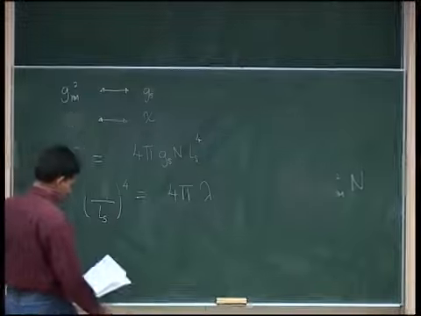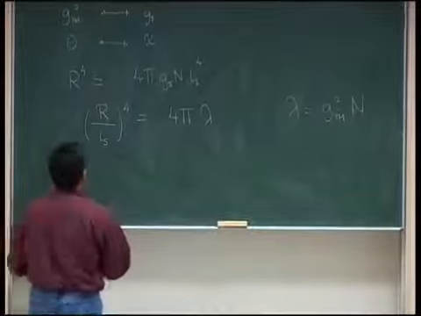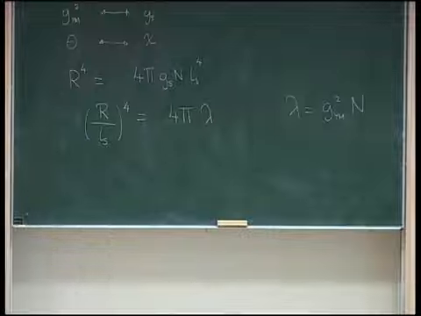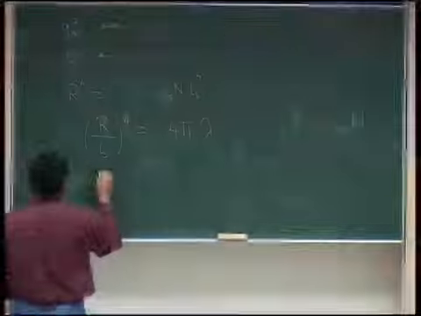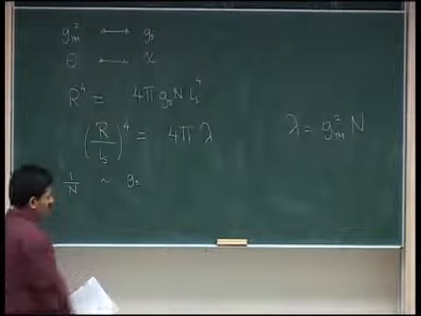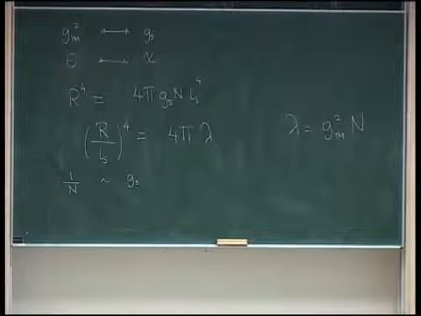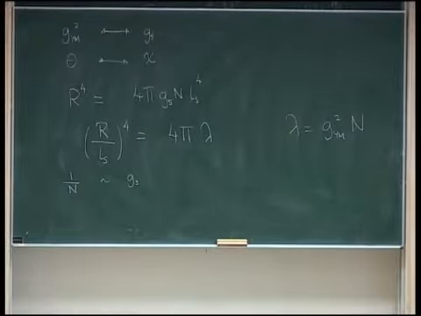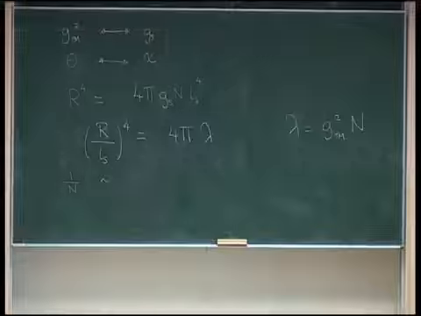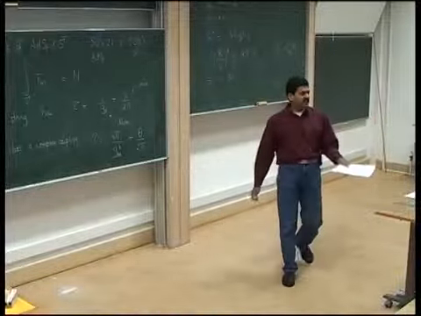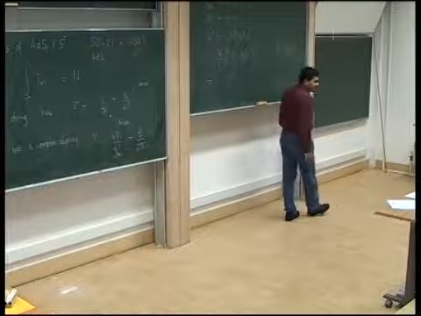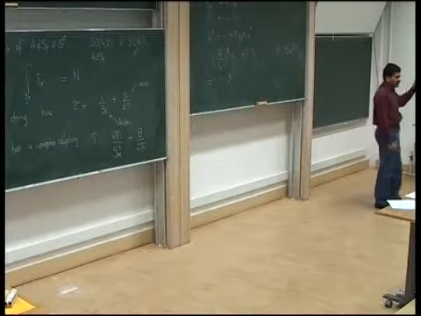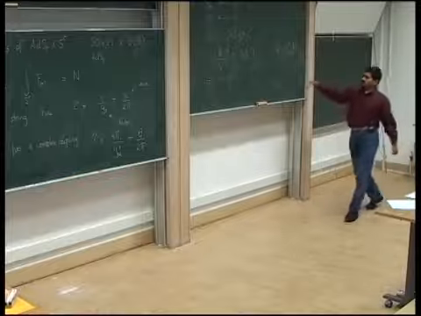And one over N is like the string coupling in the box. So here we have an explicit realization of the study we began yesterday. We have a large N theory, N equals 4 super Yang-Mills, parameterized by N, the rank of the gauge group, and the 't Hooft coupling lambda.